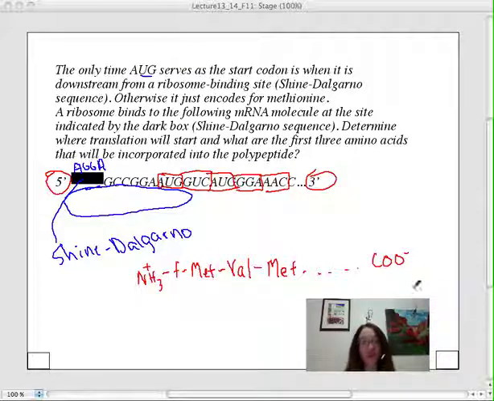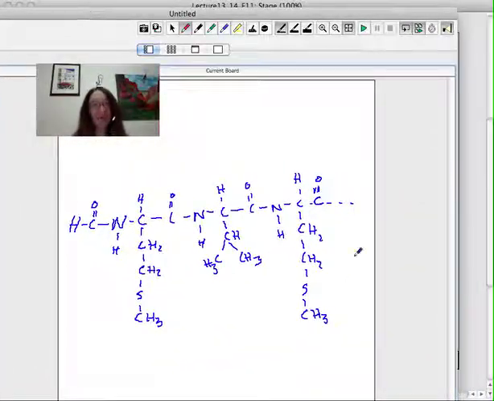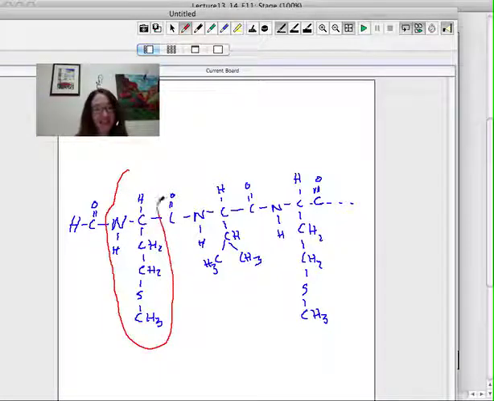To help you remember that, I've gone ahead and made a cheesy drawing. Here's the actual molecular depiction of what we just wrote out. Here's our methionine residue, right? You recognize that R group on methionine. And then we recognize that it's formylated, so this is the formyl group that's been added onto the methionine.